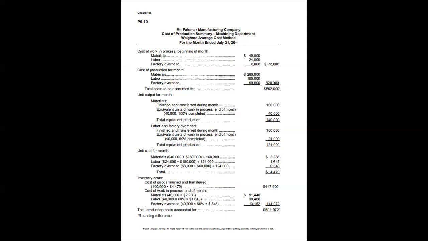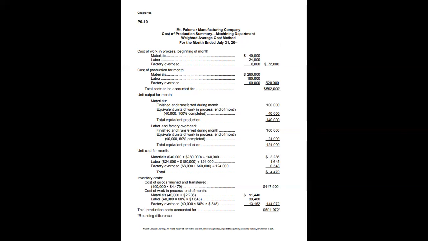Materials are added in both departments at the beginning of operations, but the added materials do not increase the number of units being processed. So we now begin with the machining department, okay? Machining department, weighted average cost method for the month ended July 31.